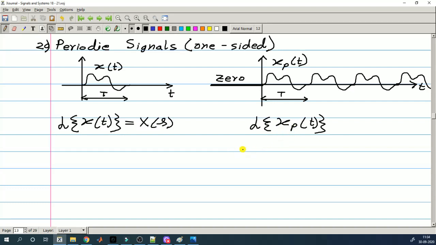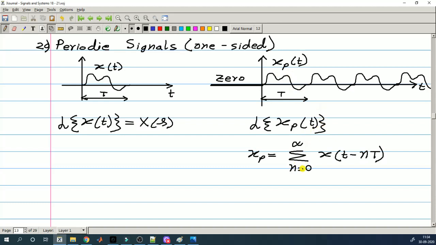Then x_p can be written as summation of x(t) delayed by nT and summed over n equal to 0 to infinity. n equal to 0 will give x(t), this first period.